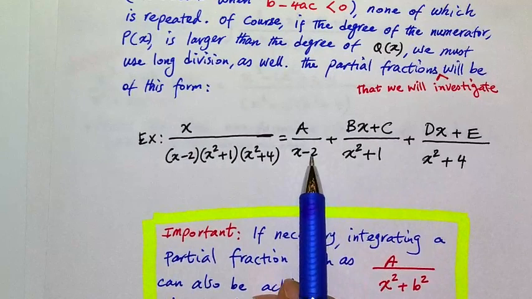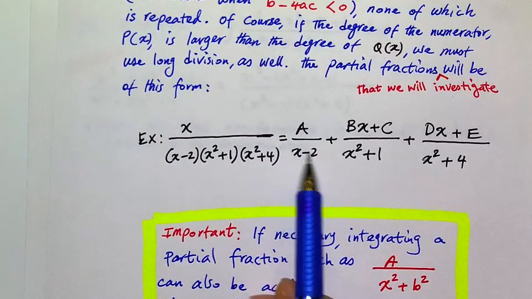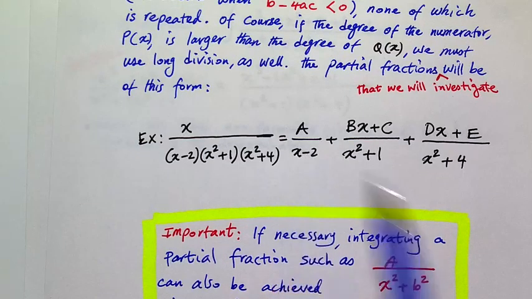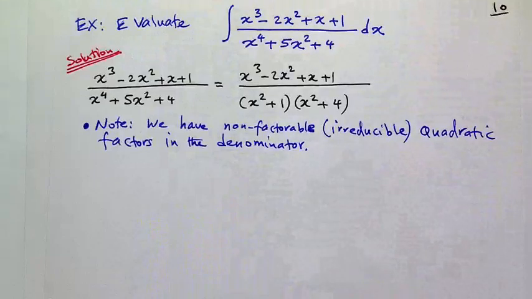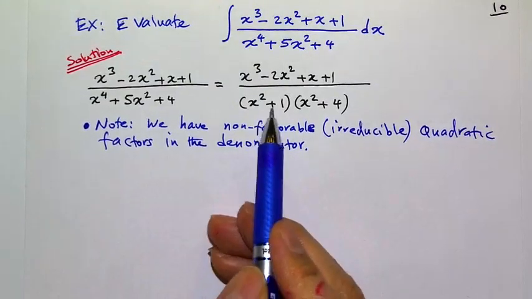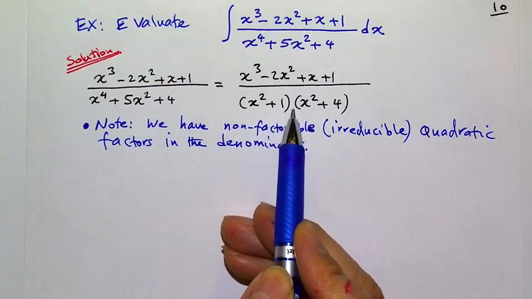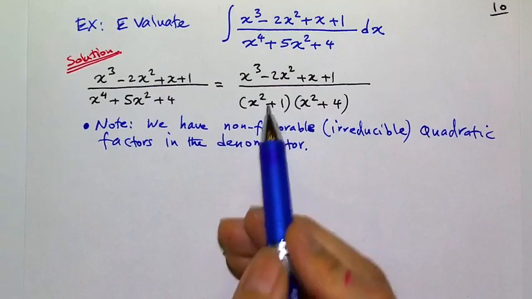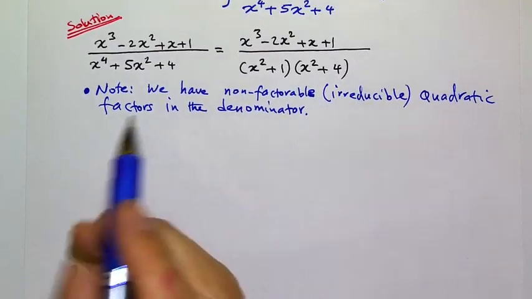But this one, where we just have a single constant in the numerator, has a denominator which is a linear factor. Okay? All right. So here, notice that both are non-factorable quadratic expressions, so we can't have a divided by this. It has to be ax plus b and then cx plus d divided by that. So let me write that down.